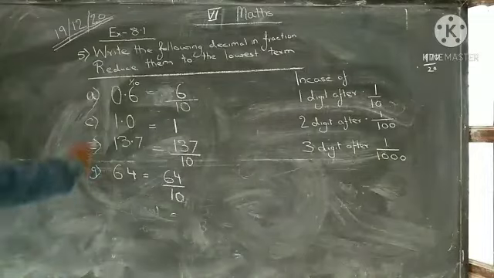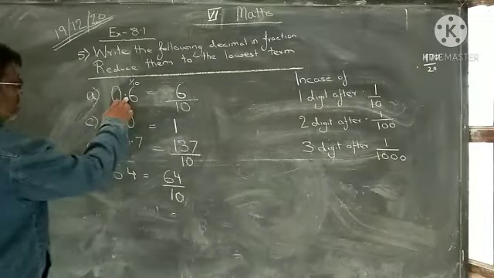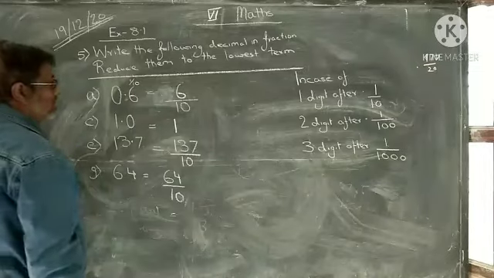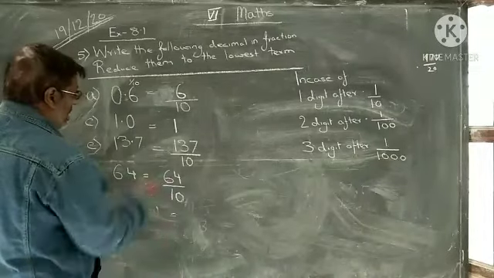So in this case we have only one digit. We mark this as 6 by 10.